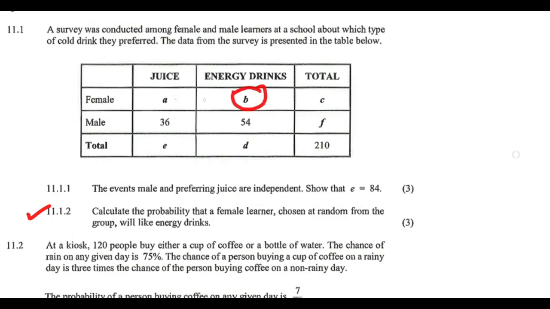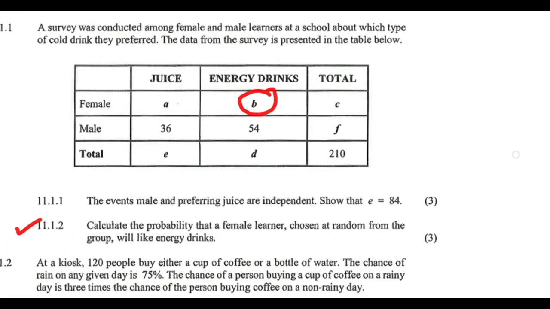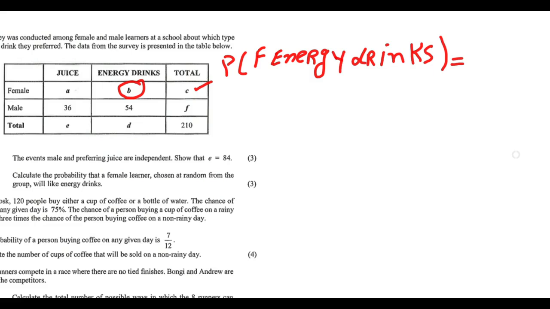So the probability a female learner likes energy drinks will be here. We need the total number of females. So B over C, that's what we're looking for now.